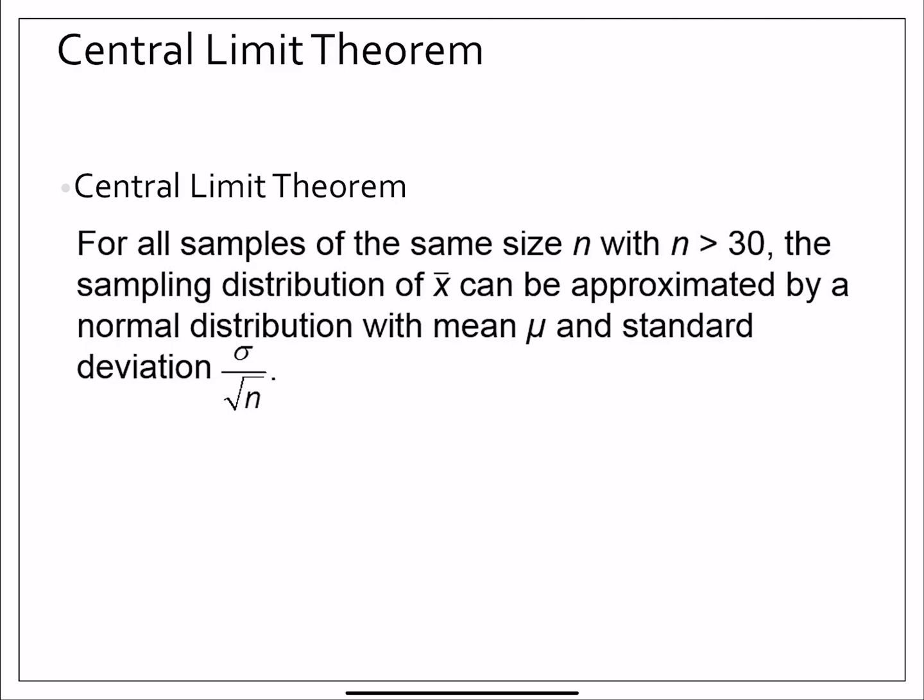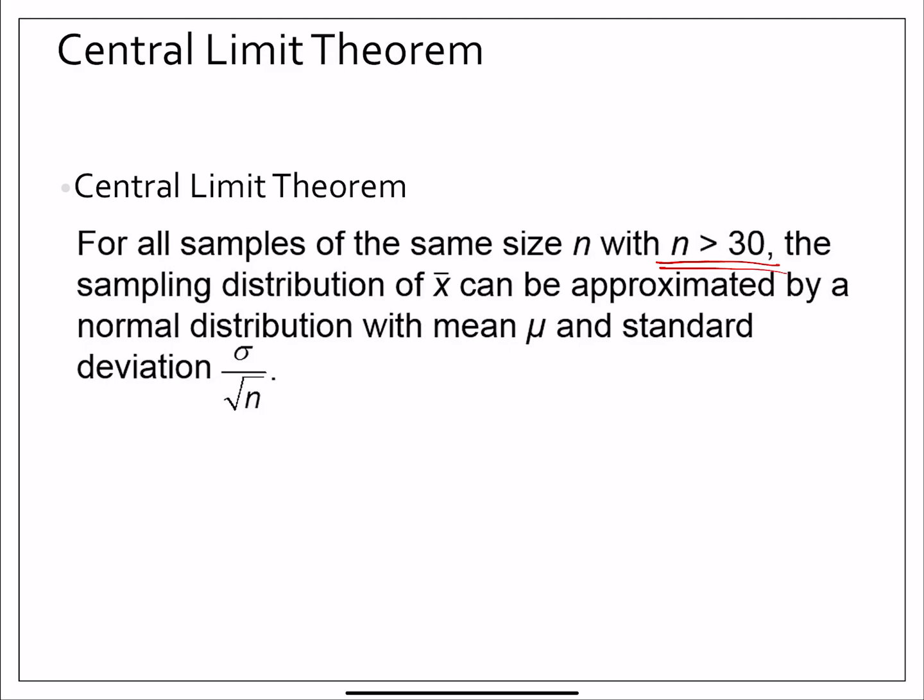Basically, what we're saying is that if we are taking samples where the samples are bigger than 30, I think I said less than 30 when I read it out loud. I meant to say bigger than 30. So when the sample sizes are bigger than 30, we don't need to take so many different samples.